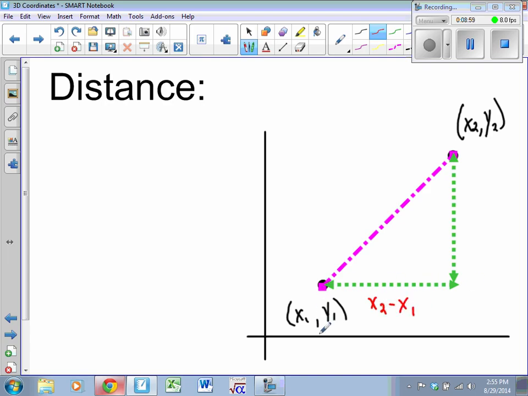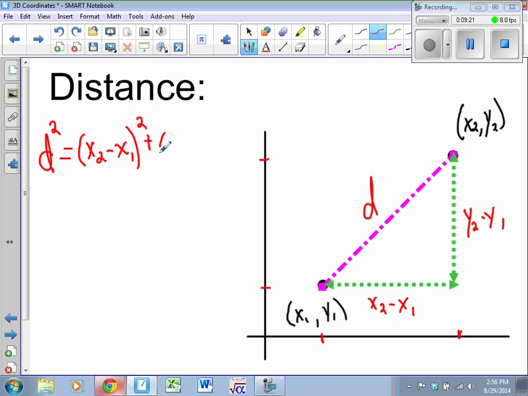It's from the x to the x. And I know the other side is in 1 dimension too, just the y's, so it's y2 minus y1. And this side is my distance. So to find my distance, I can say that my distance squared is x2 minus x1 squared plus y2 minus y1 squared.